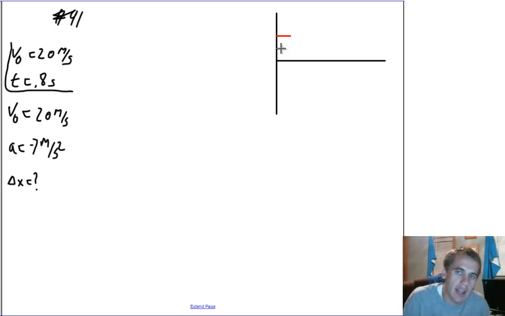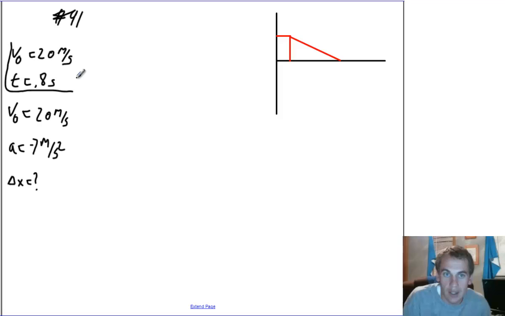She sees the kid but hasn't had time to apply the brakes yet, so that's a straight line. Then it says she slows down at a rate of negative 7 meters per second squared for the next little bit. Okay? Because these two motions are different, it's not a constant acceleration, we have to divide it up into its two blocks. Okay? So that's why we have to divide that up into two intervals.